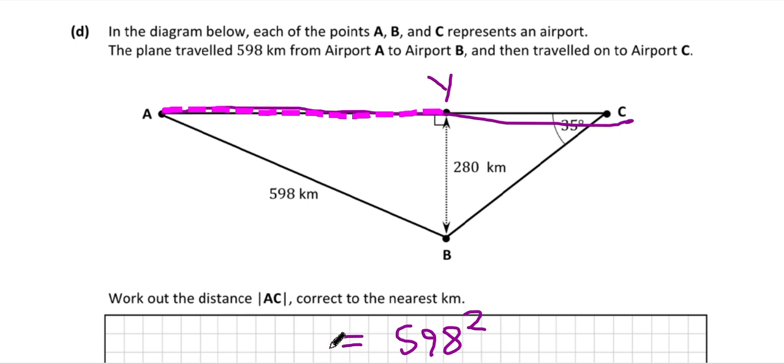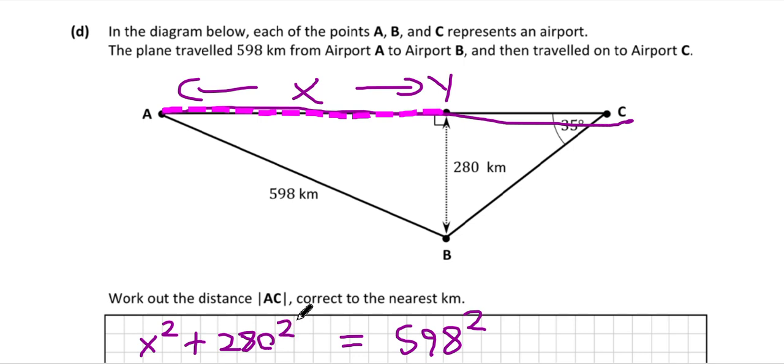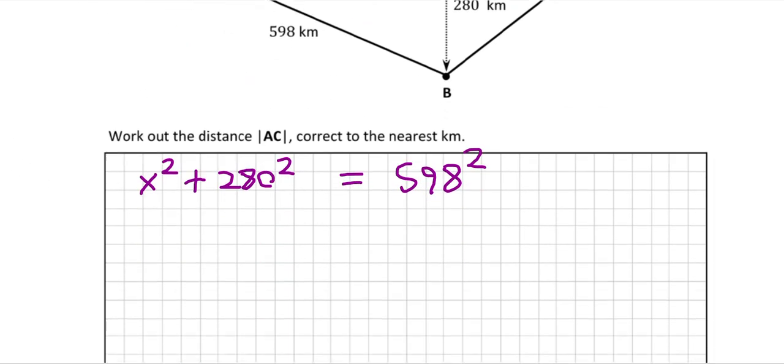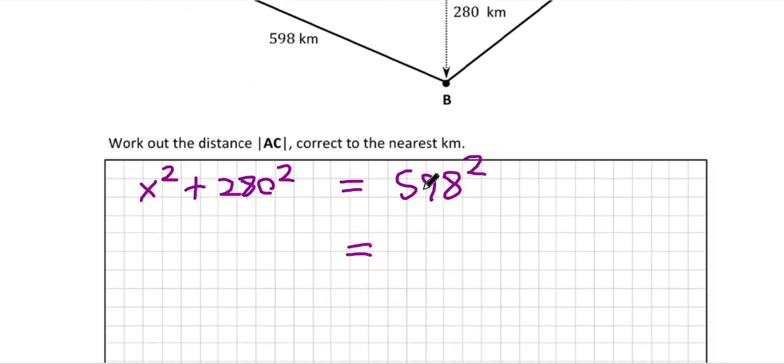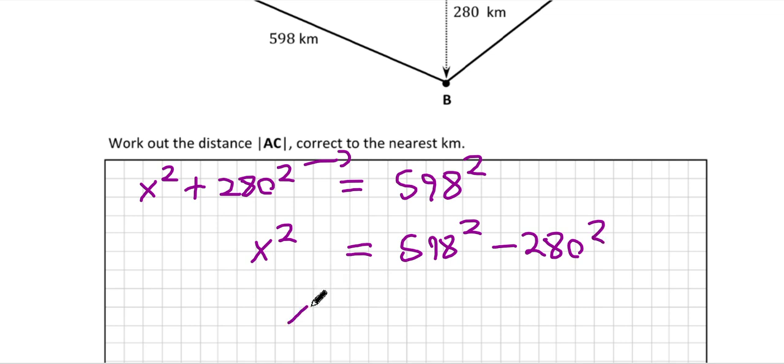The longest side squared equals the shorter sides squared added together. What are the two shorter sides? X and 280 squared. Somebody really quick in the calculator. We're going to bring the 280 squared over to the other side. So what's 598 squared minus 280 squared?